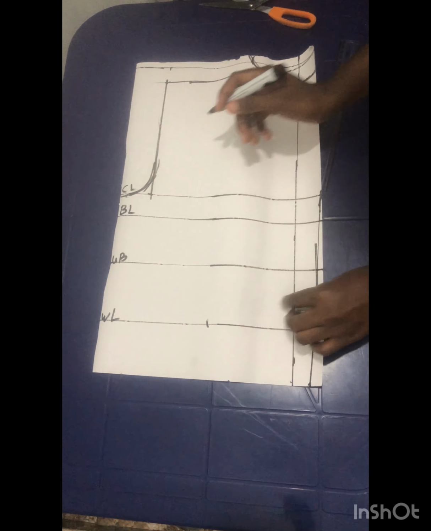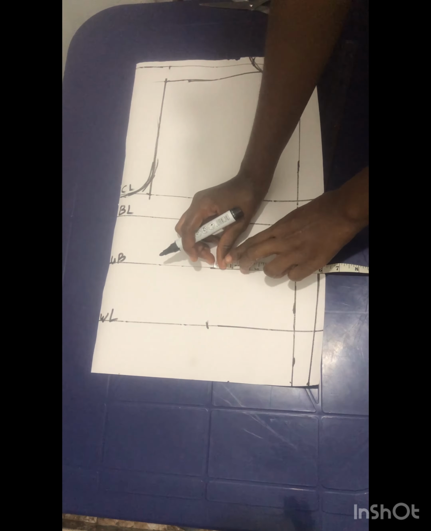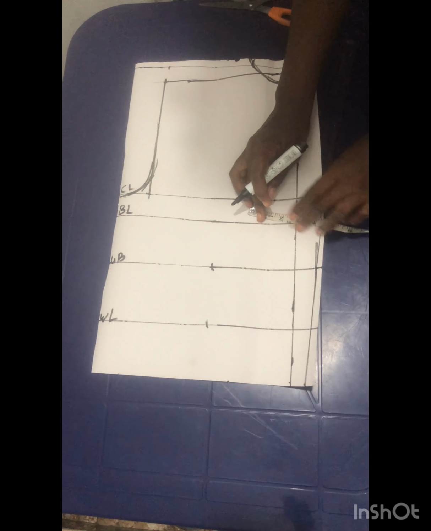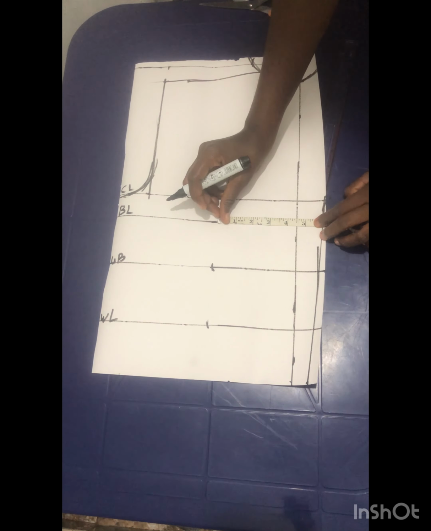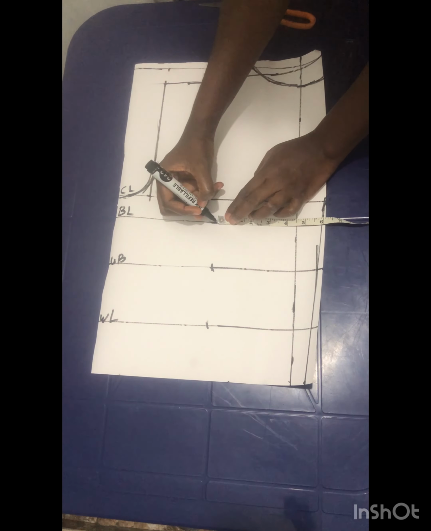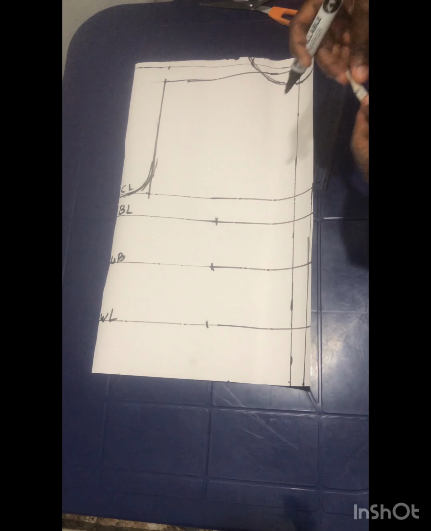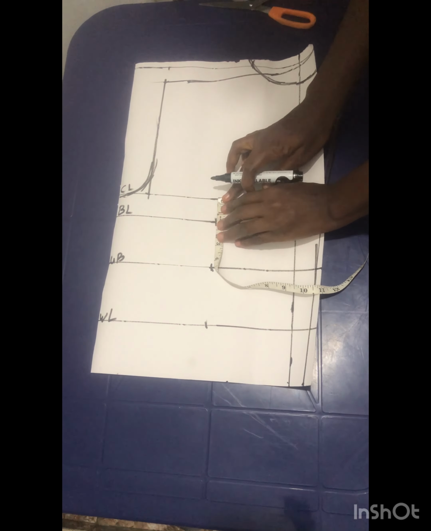The dart for the back will also be the same, I mean the width, 4.5 inch that we use for the front. That's what I'm marking right now. I'm just going to put a straight line there. So that is what I'm doing right now. The 4.5 inch, I'm going to use a ruler to make it straight.